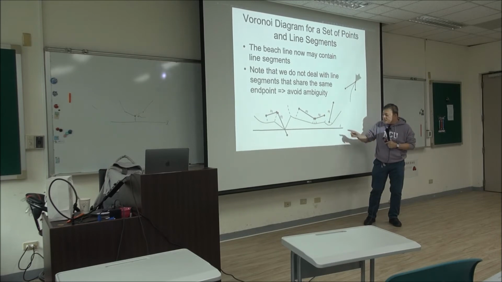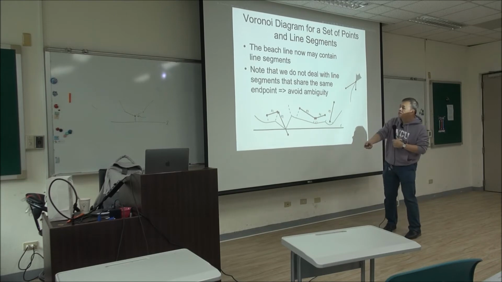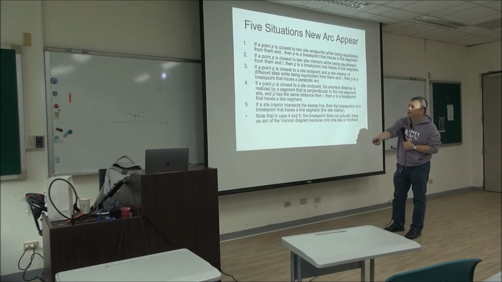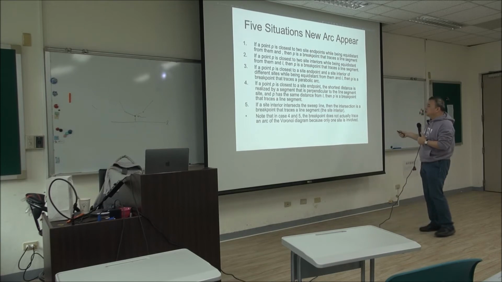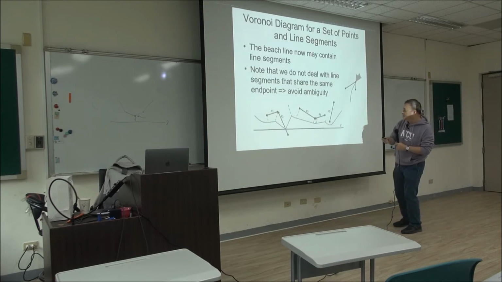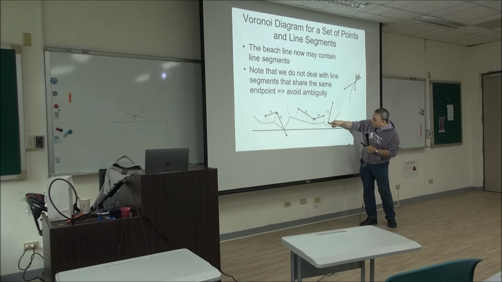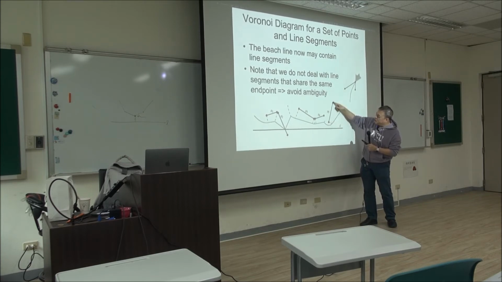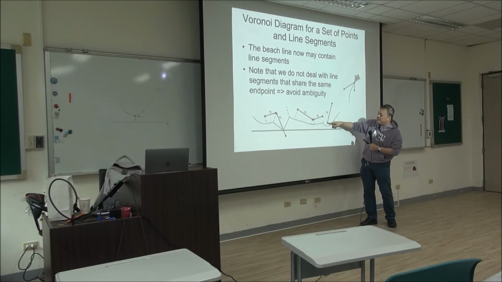So this is mentioned as case 4. A point P is closest to a side end point. The shortest distance is realized by a segment that is perpendicular to the line segment side, and P has the same distance to L. So you can see that the distance from this point to this end point is perpendicular to this segment, right?